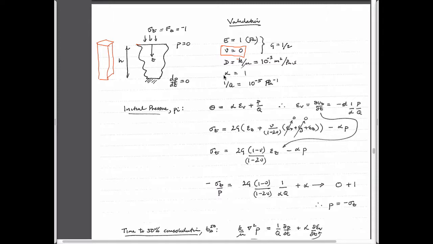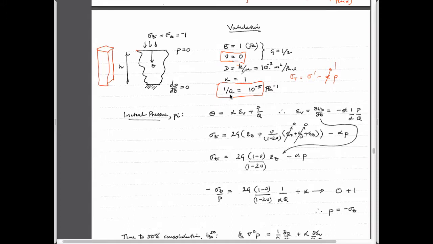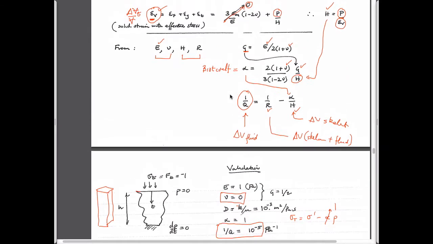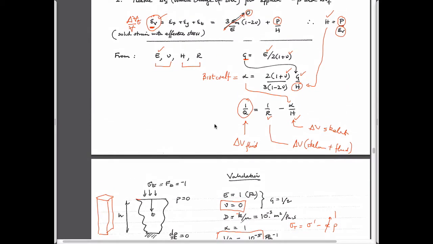If we choose a value of the alpha coefficient, so remember total stresses are equal to effective stresses minus alpha times pore pressures, we just made this equal to 1, so that makes our life easy. And if we choose unilaterally this compressibility of the fluid coefficient to be very small, then we'll end up not having to worry about that term. So we can choose a value of 1 over Q. So we're choosing a value of 1 over Q based on some assumptions here.